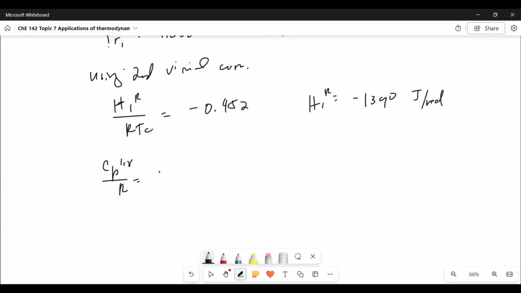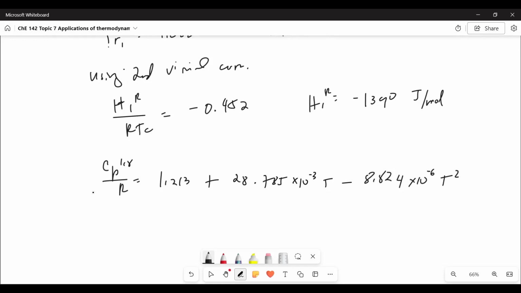Get the heat capacity coefficients from Appendix C. This is the value for A, this is the value for B, and this is the value for C. There's no value for D. Okay.